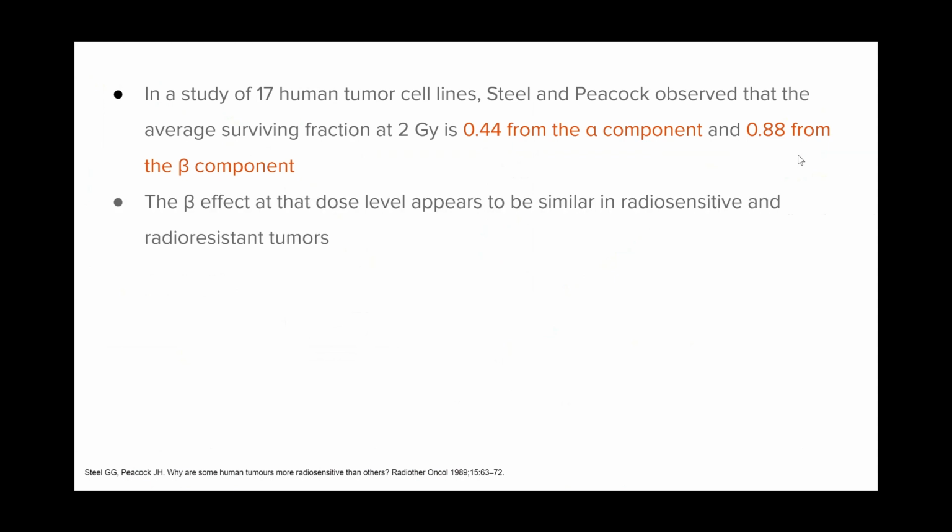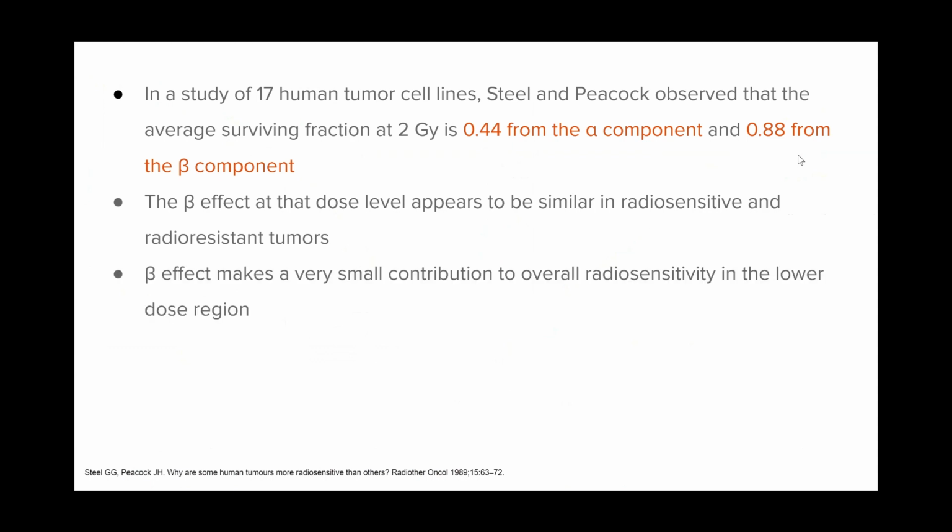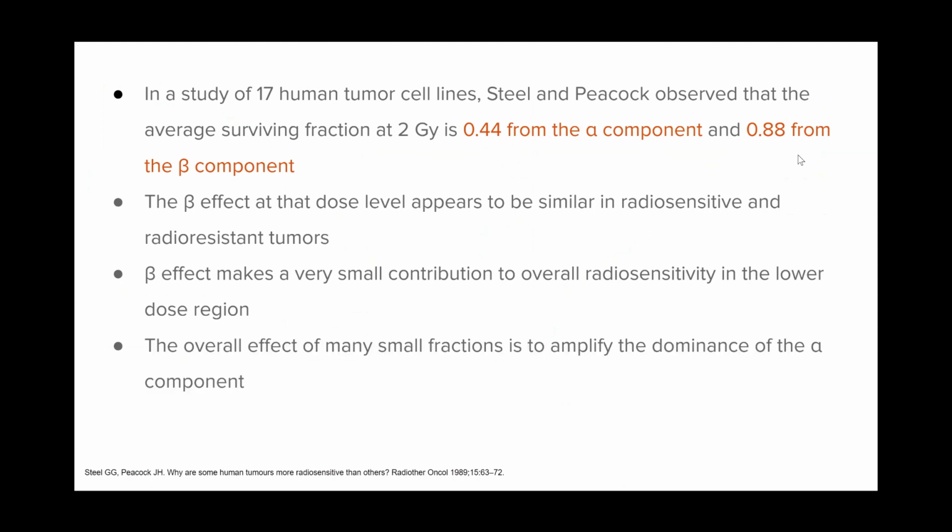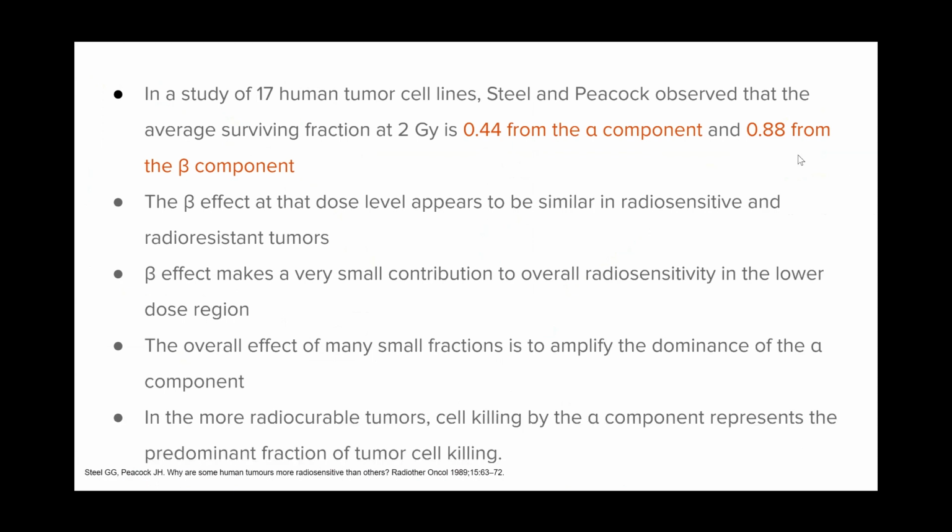The beta effect at these dose levels appears to be similar in radiosensitive and radioresistant tumors. The beta effect makes a very small contribution to overall radiosensitivity. It is the alpha which defines how radiosensitive a tumor is going to be. In more radiocurable tumors, cell killing by the alpha component represents the prominent fraction of tumor cell killing.